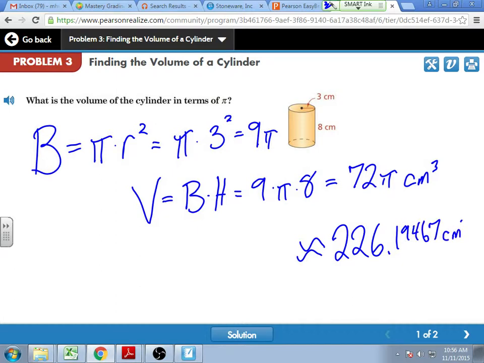So we can never exactly represent the volume unless we use terms of pi. That's why we do it. Starting out it feels a little bit wrong, but a lot of times when we work with terms in pi, we end up having other terms in pi and they work well together, as opposed to having lots of approximate values where, as we go, the error becomes larger and larger.